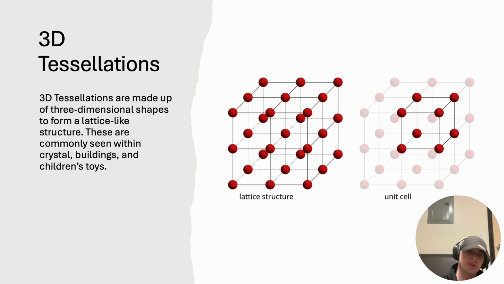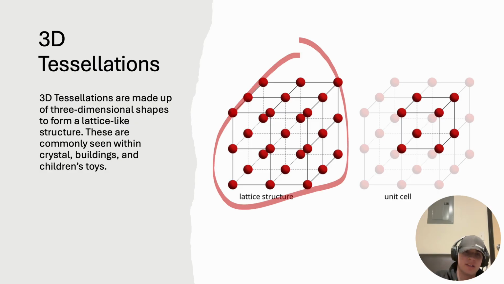The next tessellation we're going to talk about is three-dimensional tessellations. These are the same concept of tessellations except within a three-dimensional structure. Personally, I see them kind of forming a lattice, and you can see an example of what a lattice looks like right here. It's kind of similar to how boxes are stored.